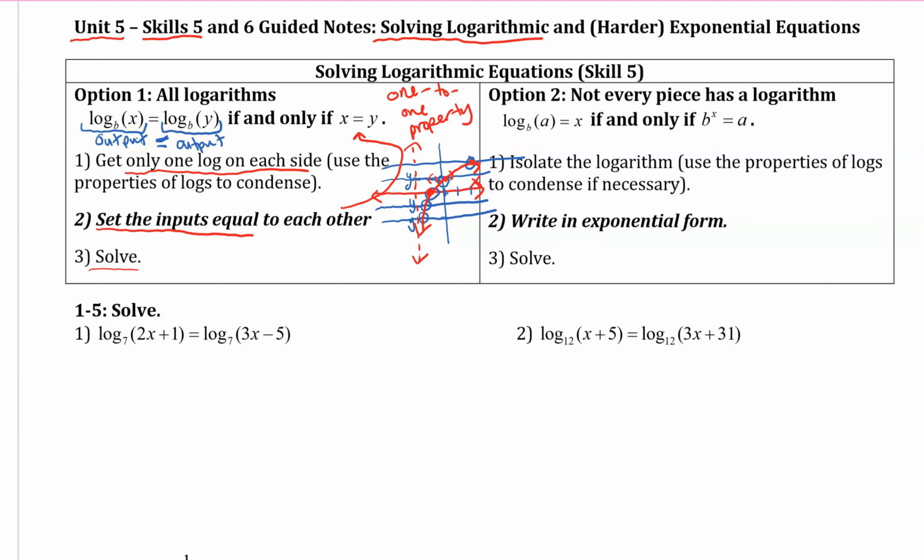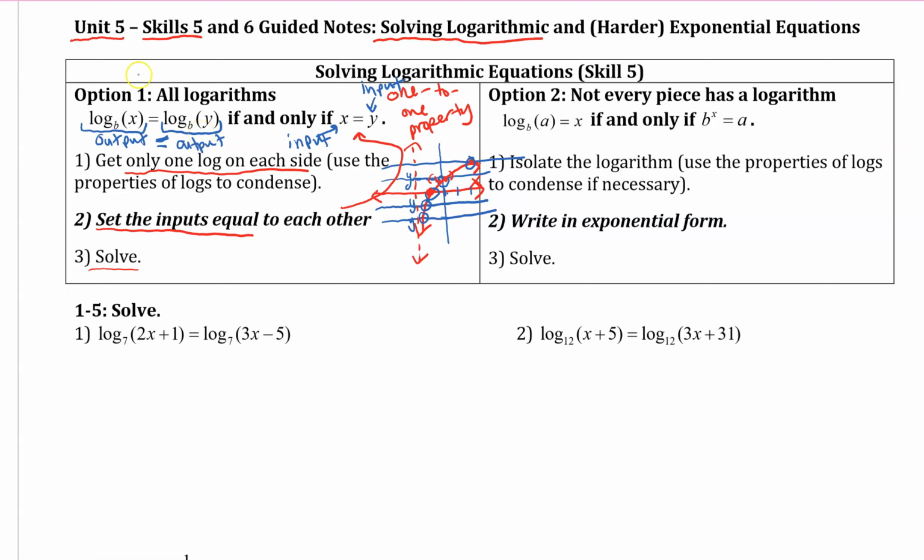And so for a function that's one-to-one, like the log function is, if you have two outputs that are equal to each other, the only thing that could be true is if the inputs are equal to each other. There's no way you could have two different x's that yield the same y value.